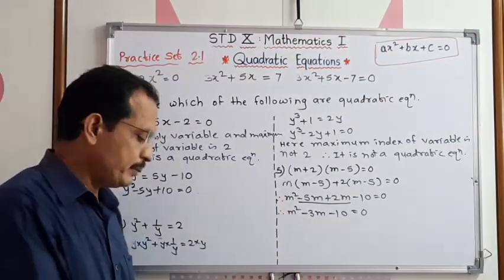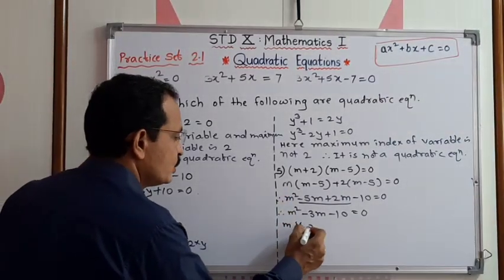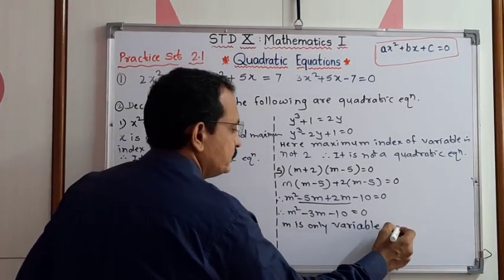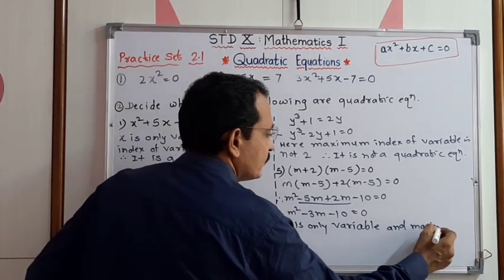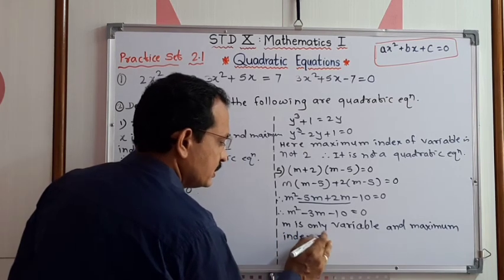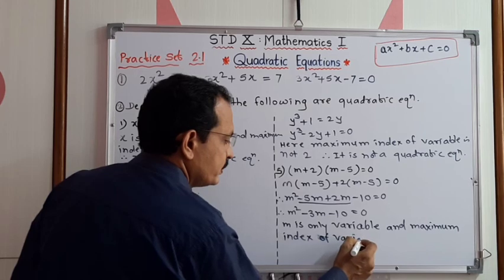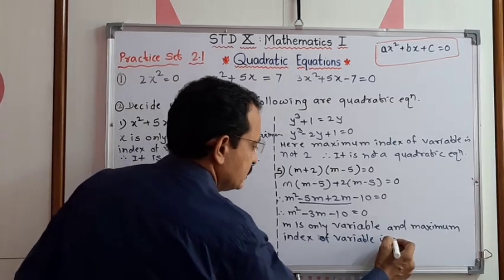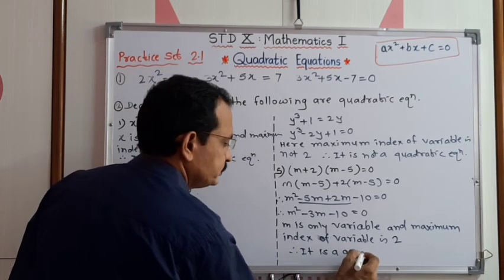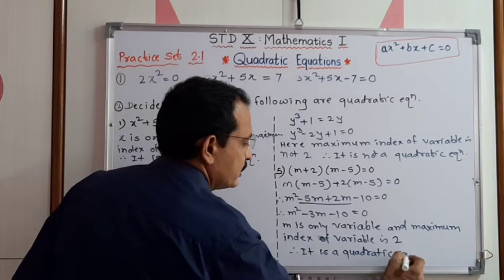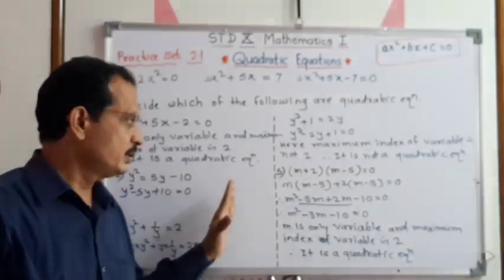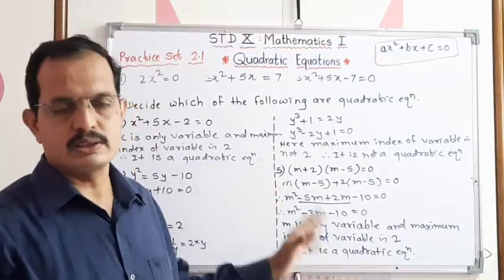Therefore, m is the only variable and the maximum index of the variable is 2. Therefore, it is a quadratic equation.